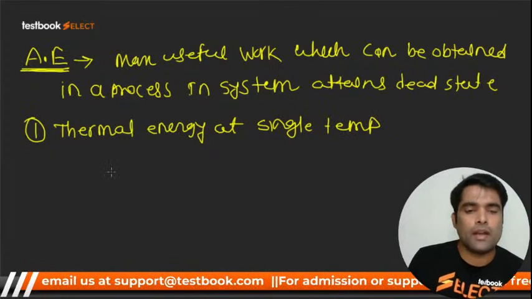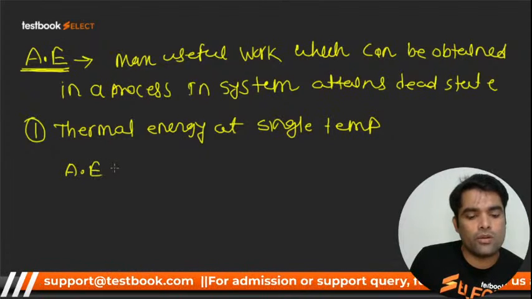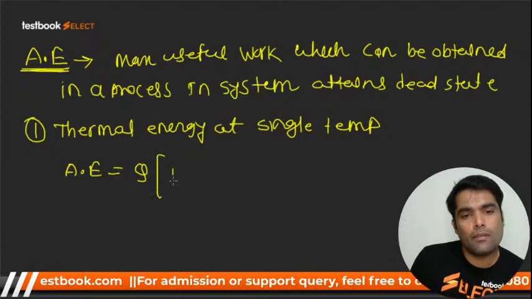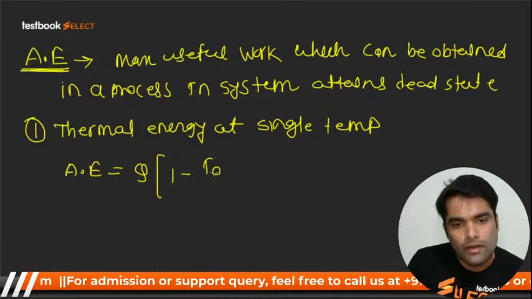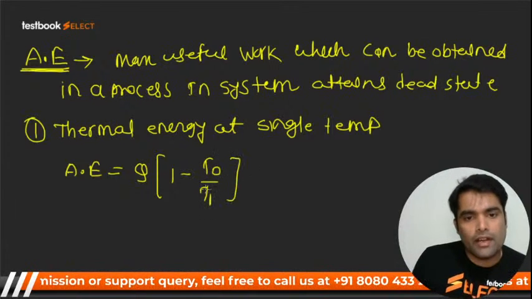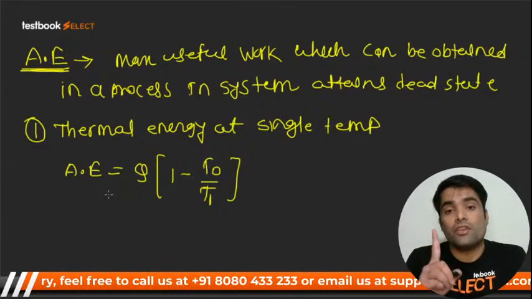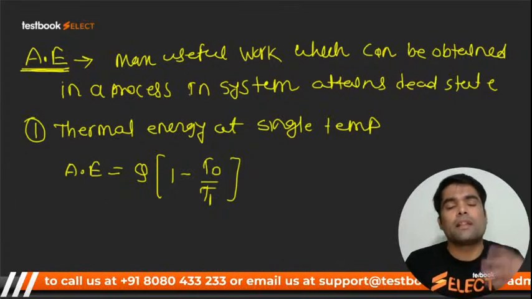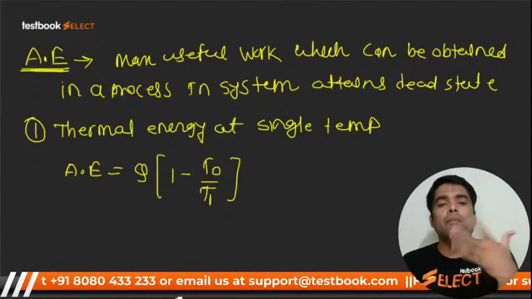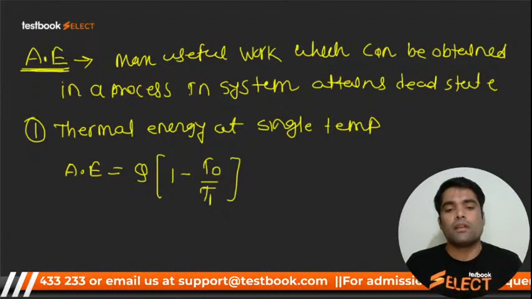Yes or no? So my dear, availability is equal to Q into 1 minus T naught upon T1. T naught is the surrounding temperature. This will be the available energy for thermal energy which is at a single temperature. Meaning, the maximum useful work available in that energy will be this one. Okay.